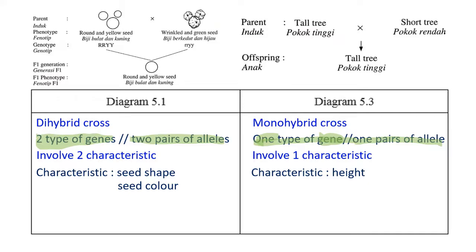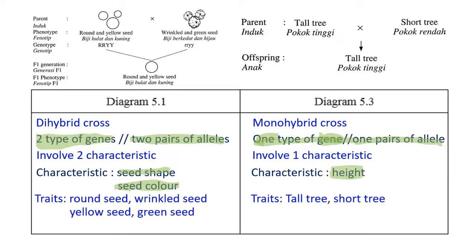The characteristics in diagram 5.1 are the shape of the seed and the color of the seed. The characteristic in diagram 5.3 is height.